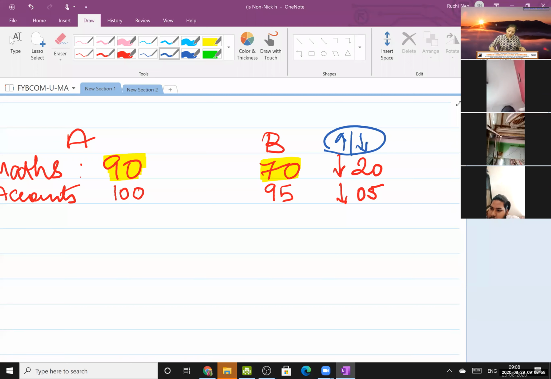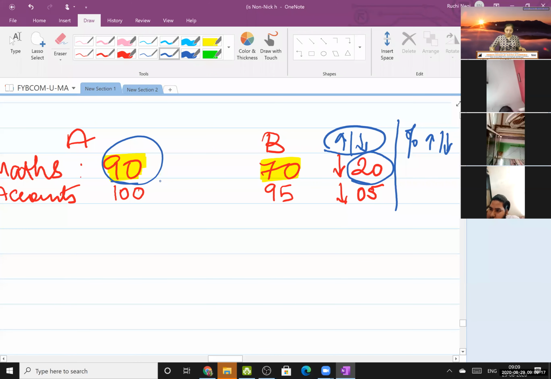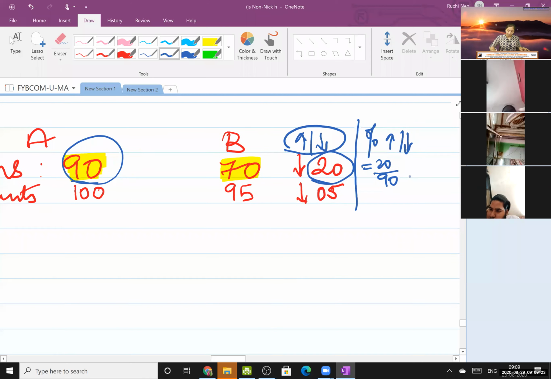Okay. So once you are done with this, then there is something called as percentage increase or decrease. Student B is how much percent less than student A? I can get the answer 20 divided by 90 into 100. I repeat, how will I get the percentage? 20 divided by 90 into 100.